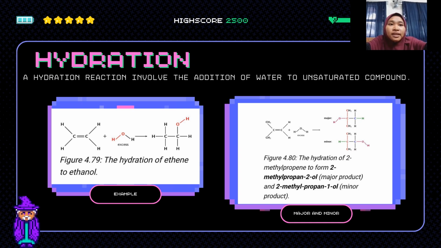As we can see in the example, 2-methylpropan-2-ol will be the major product because OH is attached to the tertiary carbon, which is the carbon attached to another 3 carbons, and the hydrogen atom is attached to the primary carbon, which is the carbon only attached to 1 carbon. So the minor product for this example is 2-methylpropan-1-ol.